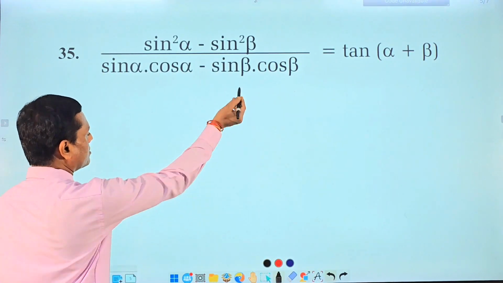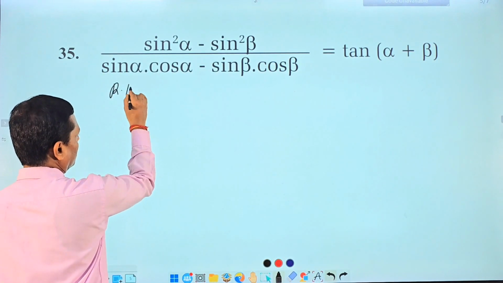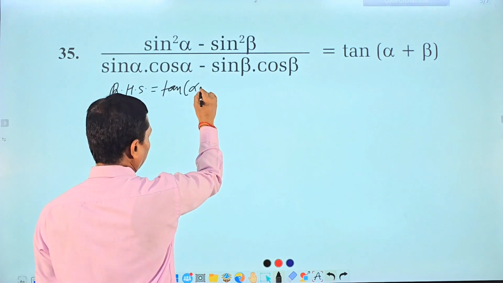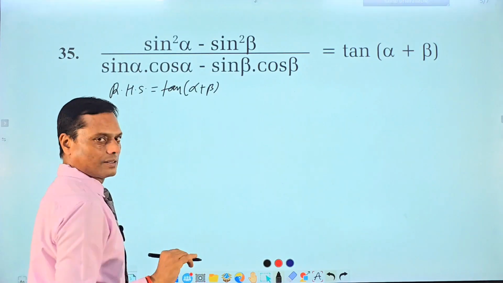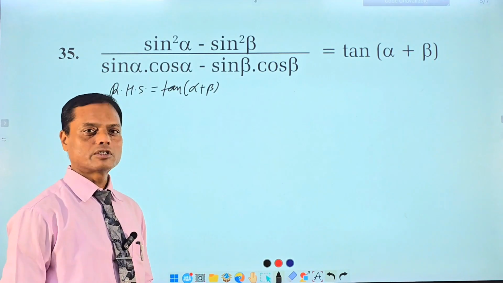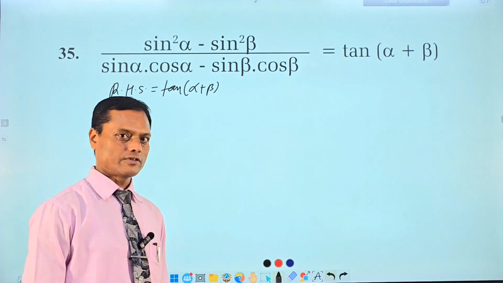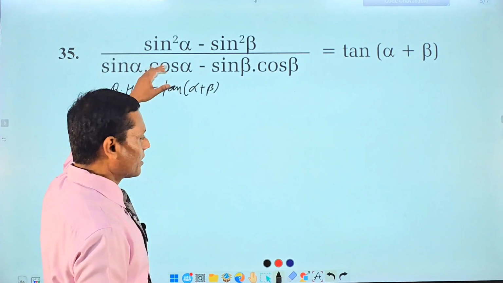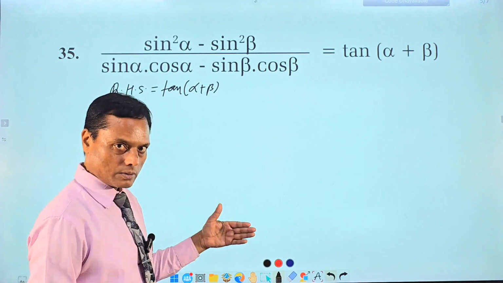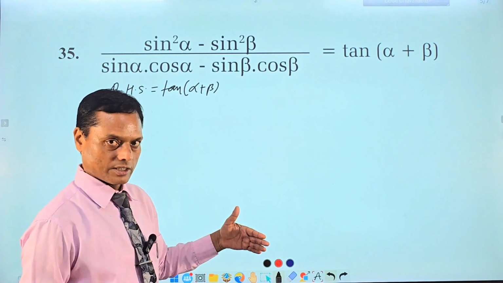Let's choose right hand side. Right hand side equals tan alpha plus beta, right? But once again, I will solve this identity when I'm solving identities of another chapter, that is conditional trigonometric identities and transformational trigonometric identities.